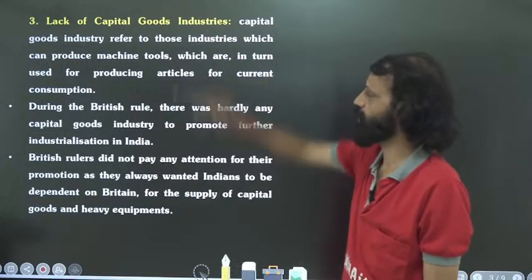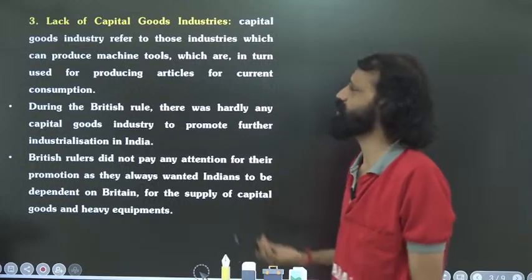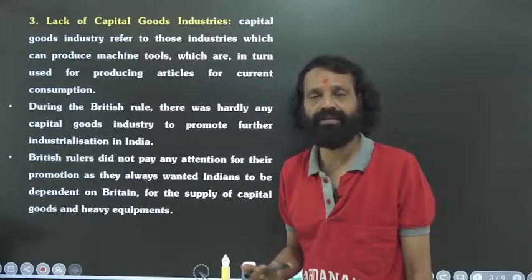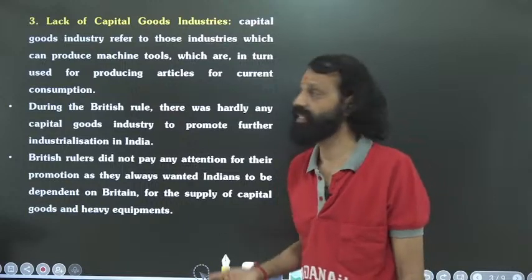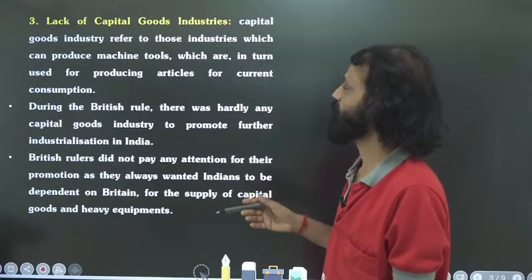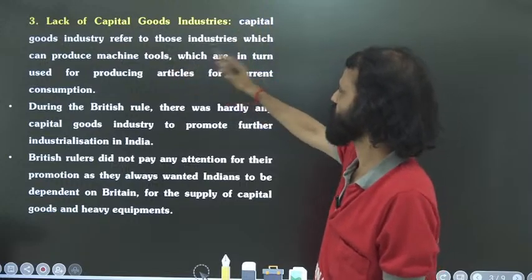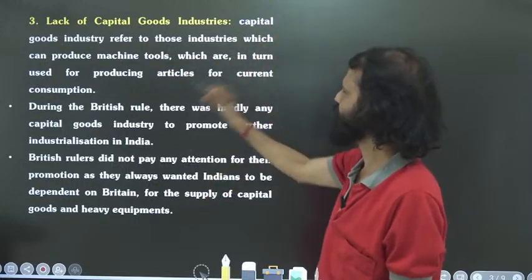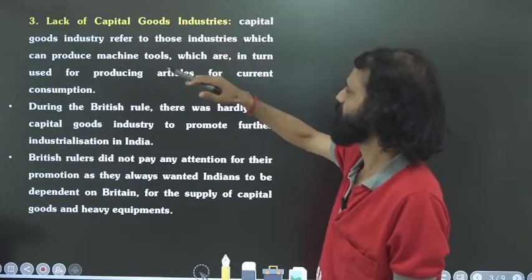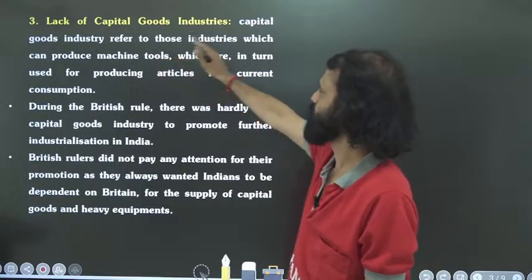Then the next point, lack of capital goods industries. Capital goods means human resources development, which did not properly take place in India during the time of Britishers' rule.